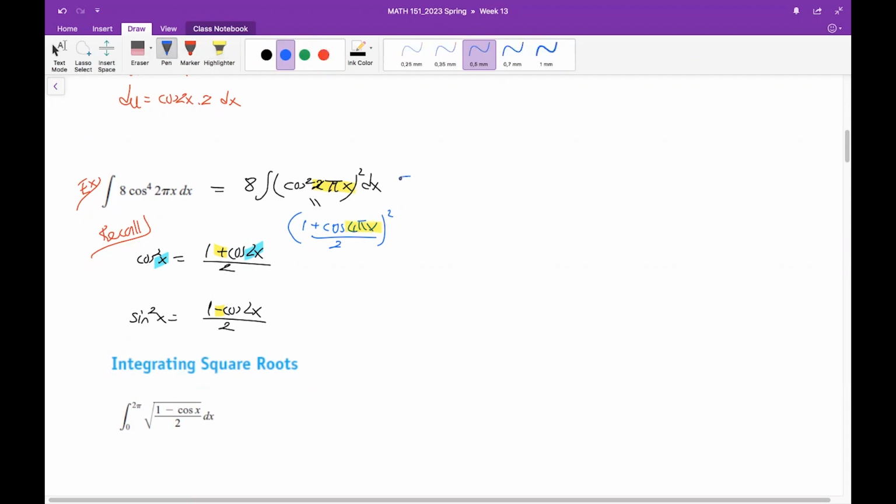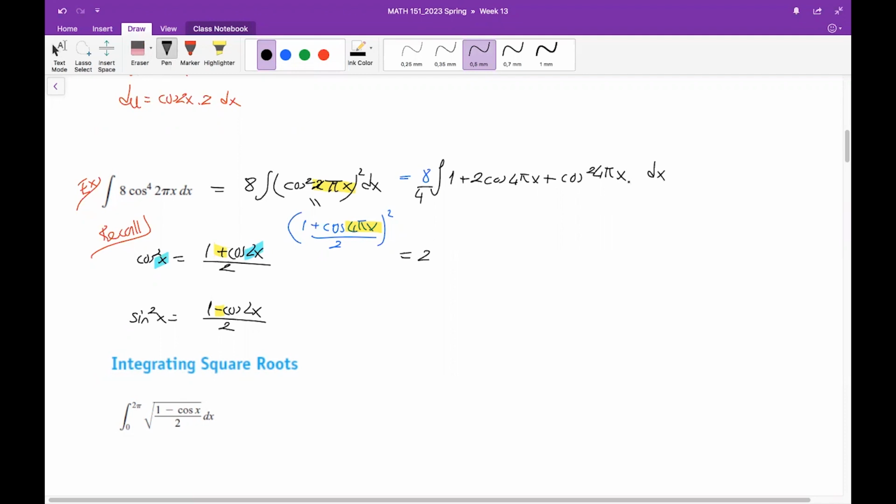Then what we have? Let's compute the square. Compute the square, please. 1 squared, 1, plus 2 times cosine 4 pi x, plus cosine square 4 pi x, divided by the square of 2, which is 4. And I will write this over 4 part to here. Then we have to start integrating.